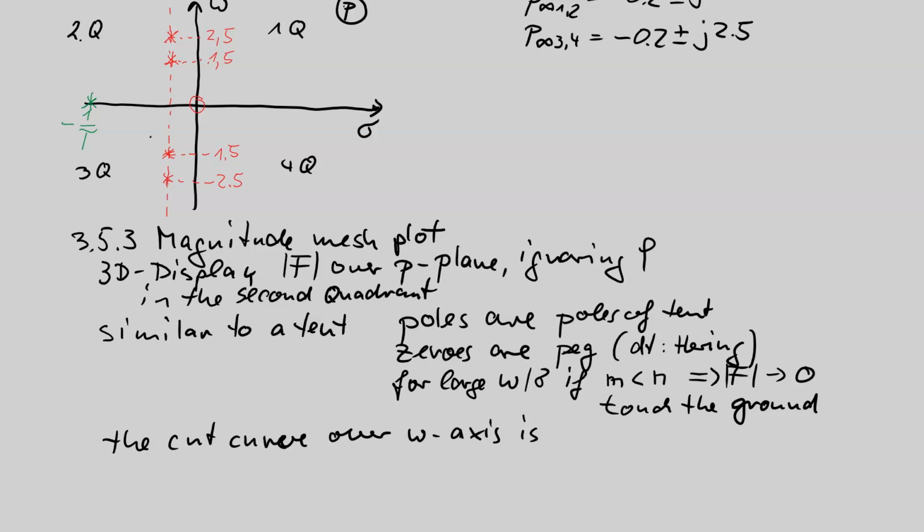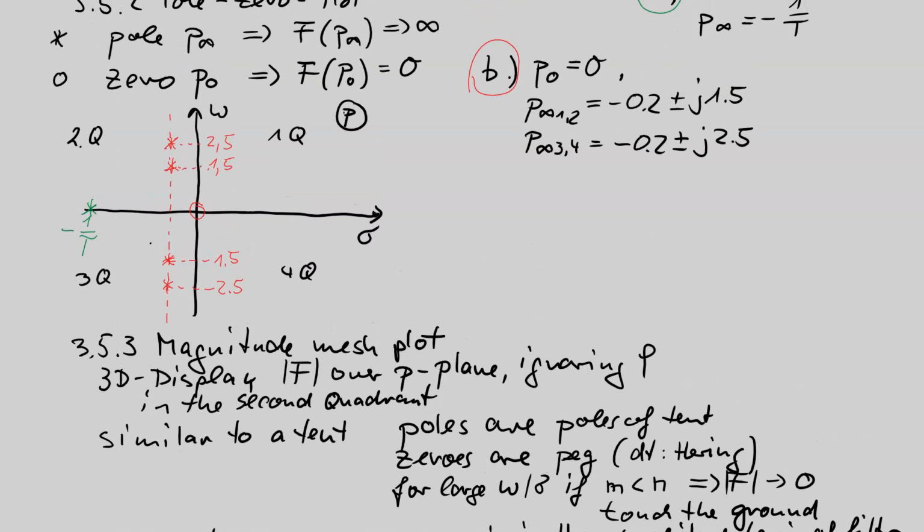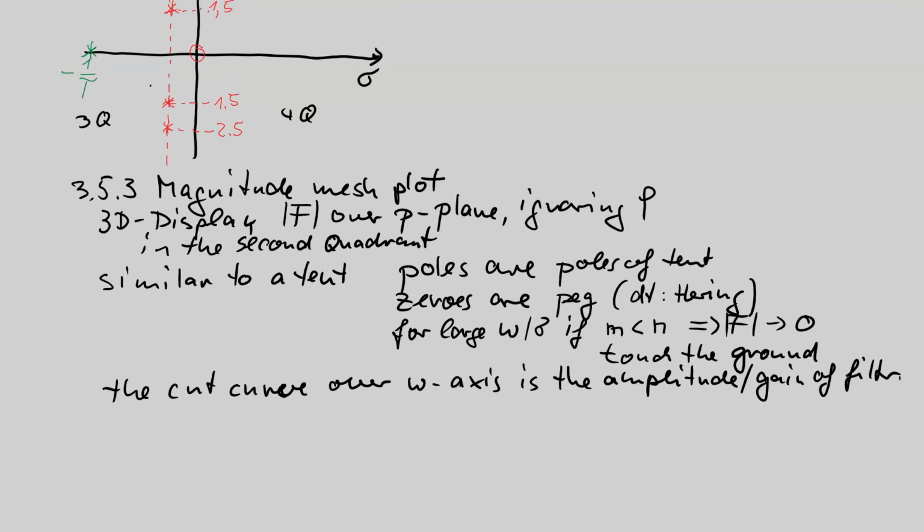The amplitude curve of the filter is the gain curve of the filter. Let's look at the magnitude mesh plot of this curve that is displayed in my workbook. So just open my workbook at the right page and then we can discuss this curve more deeply.